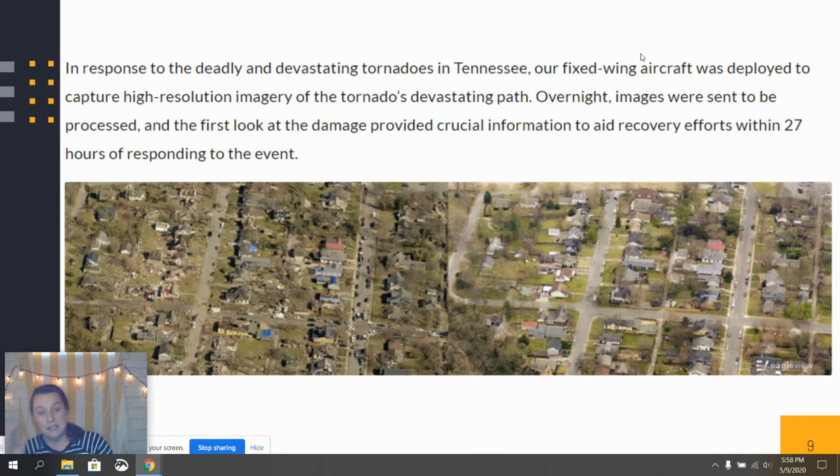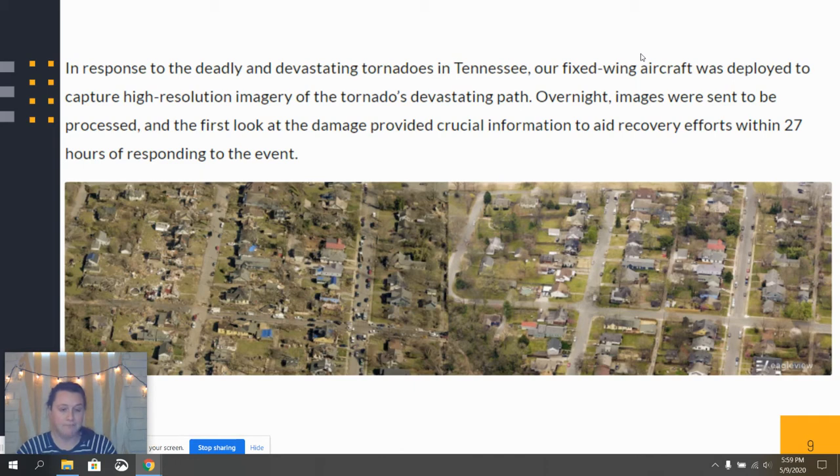It says, in response to deadly and devastating tornadoes in Tennessee, our fixed wing aircraft was deployed to capture high resolution imagery of the tornado's devastating path. Overnight, images were sent to be processed, and the first look at damage provided crucial information to aid recovery efforts within 27 hours. So you can see something like a natural disaster, right? A tornado or an earthquake or a tsunami or whatever.